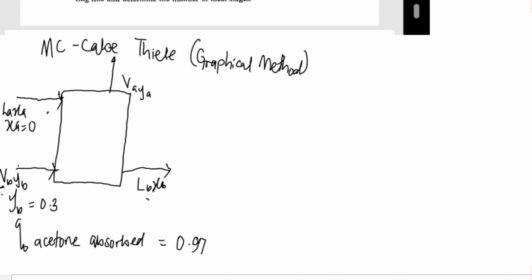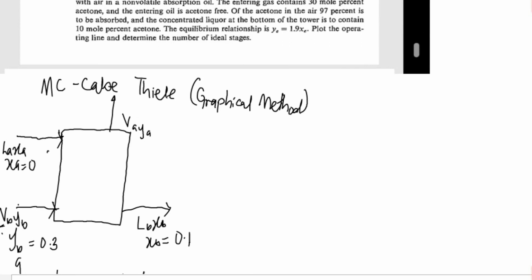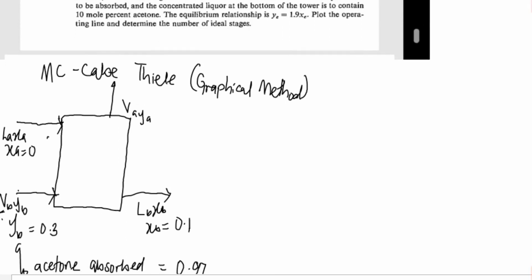XB is 10 mol%, that's 0.1. The equilibrium relationship, here we are given the equilibrium line equation: YE is equal to 1.9 XE. Plot the operating line and determine the number of ideal stages.